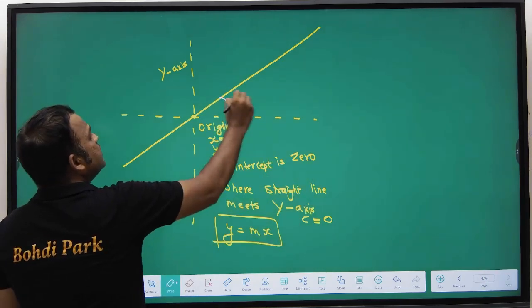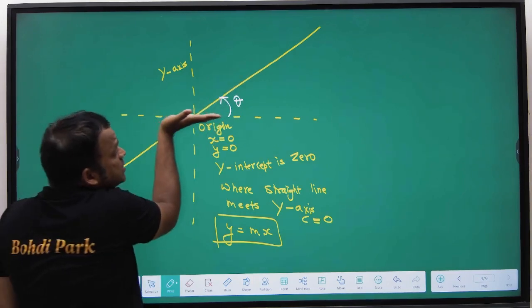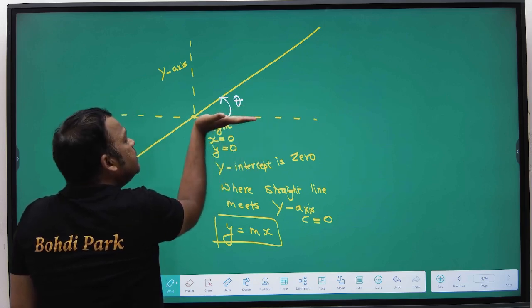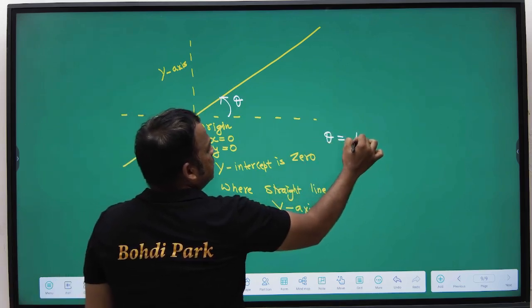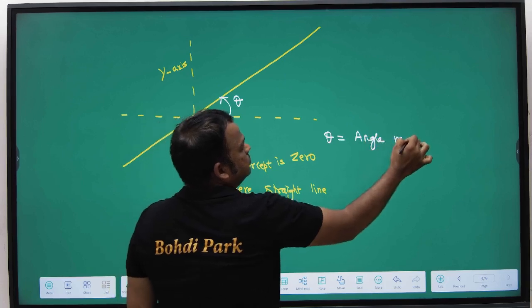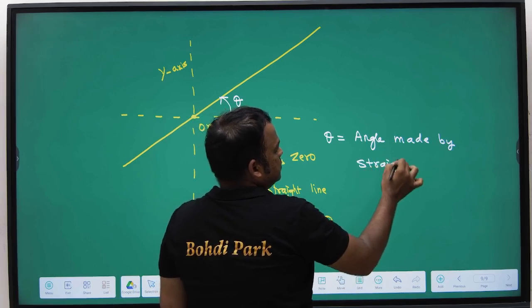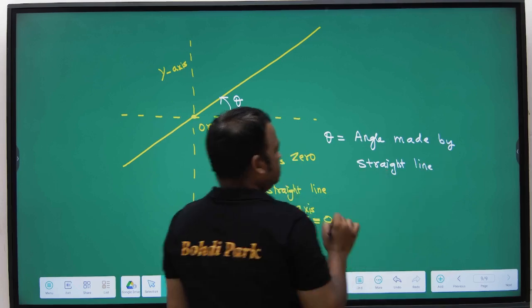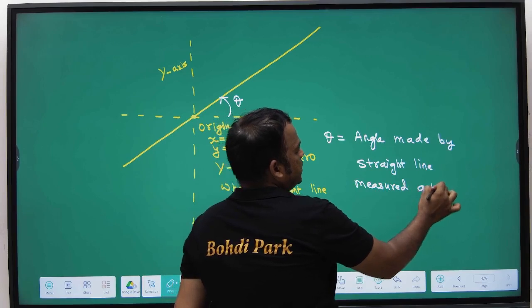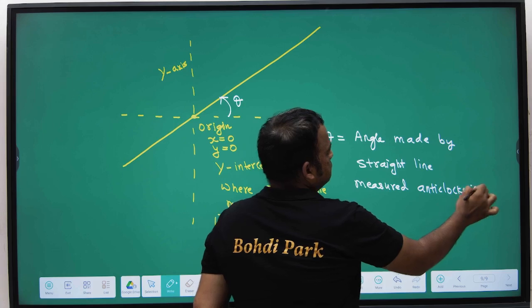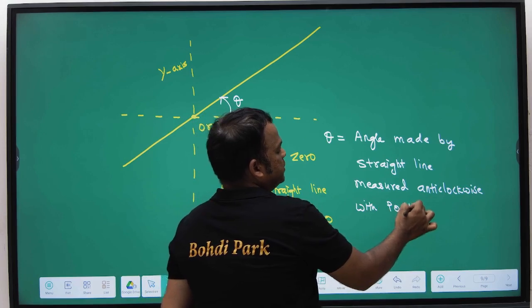For that, you have to consider the angle made by the straight line with positive x direction when measured anti-clockwise. Angle theta is the angle made by the straight line, measured anti-clockwise with positive x direction.